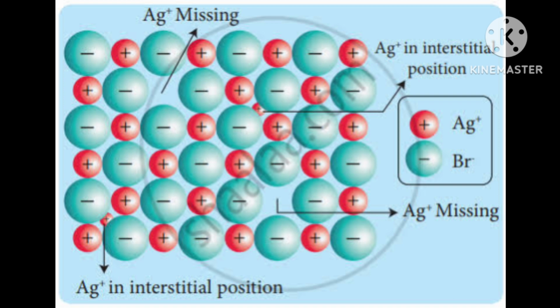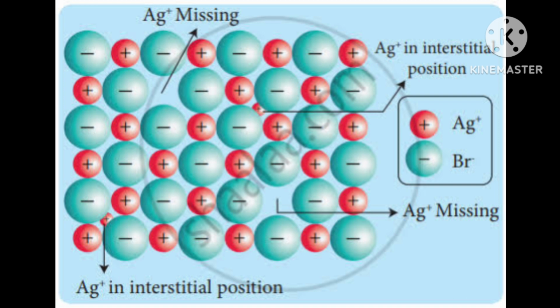For example, in NaCl, sodium chloride, there are approximately 10 to the power 6 Schottky pairs per cubic centimeter at room temperature.